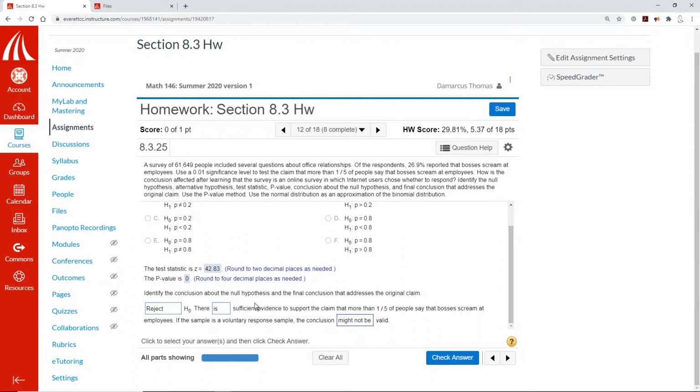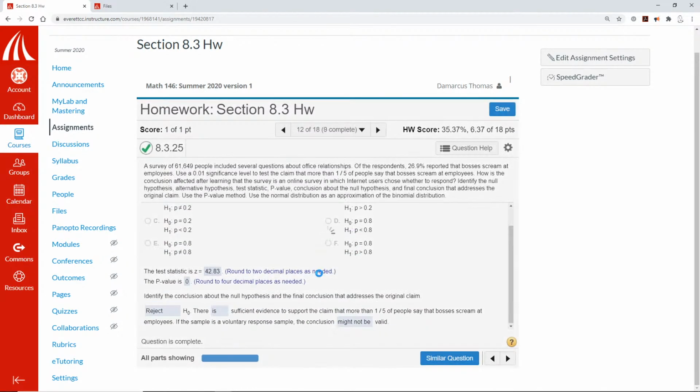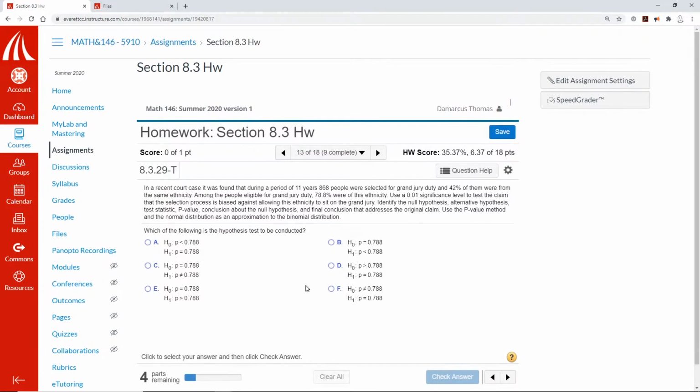And so we cannot conduct a hypothesis test with a certain conclusion based on a voluntary response sample. So that was a tricky question, but I'm going to say that it may not be, and then that's it.